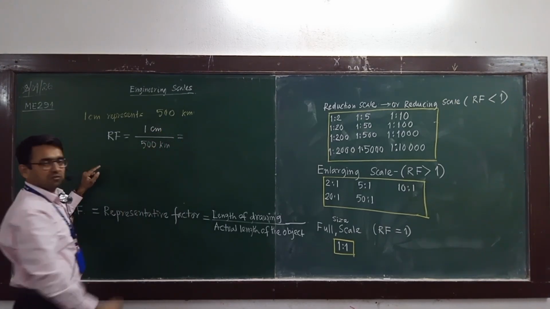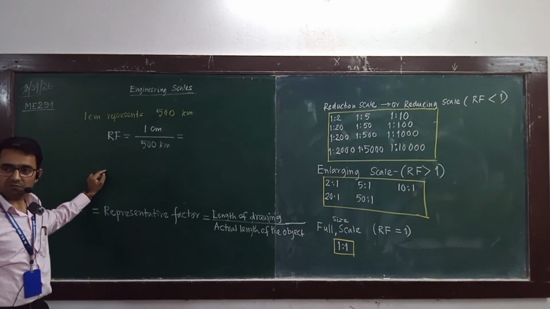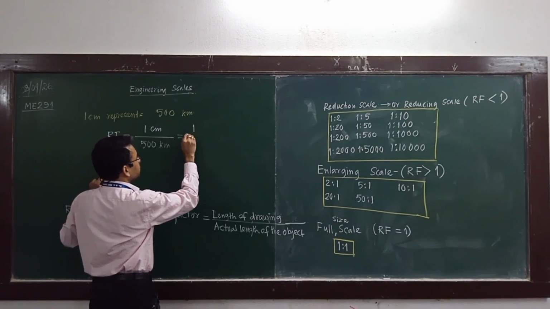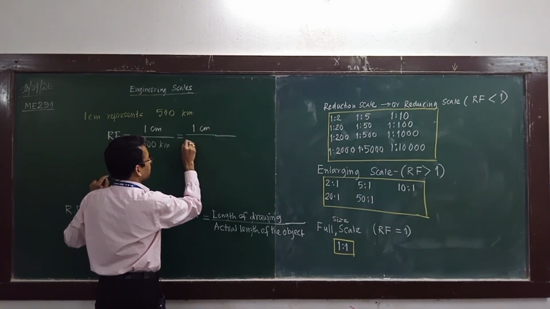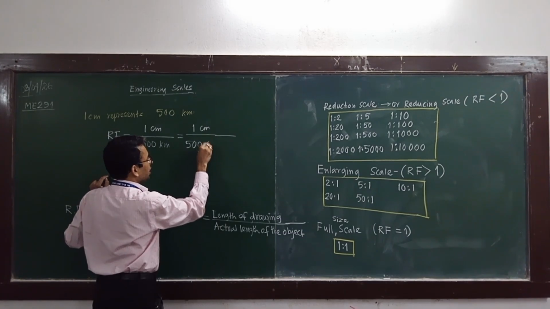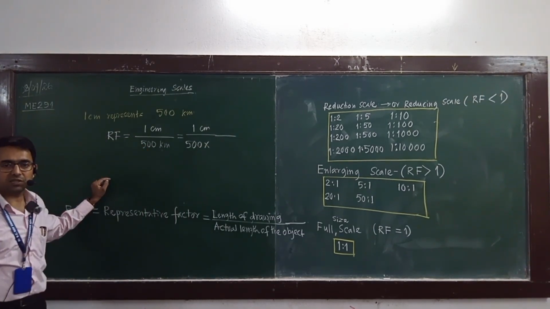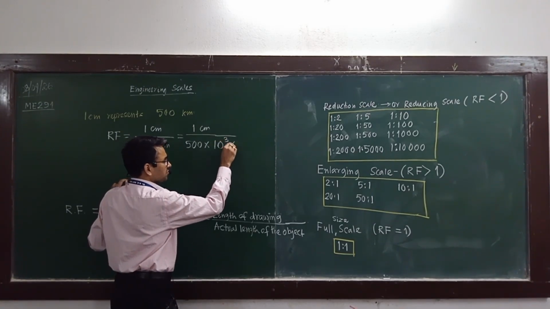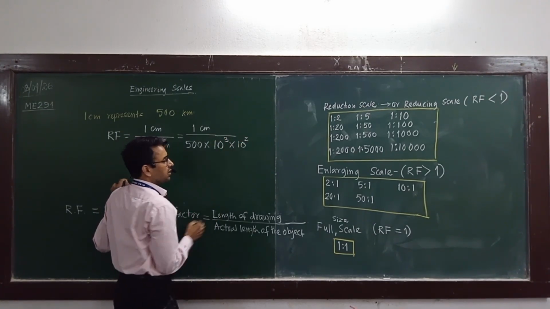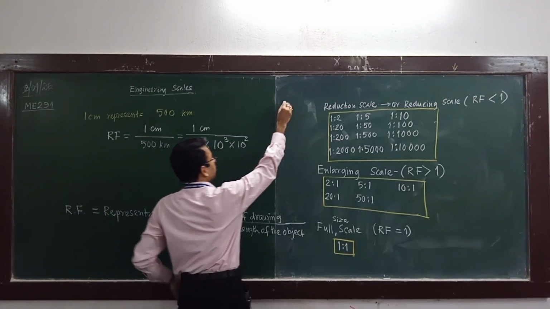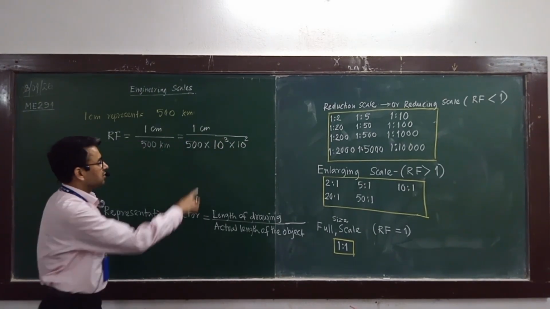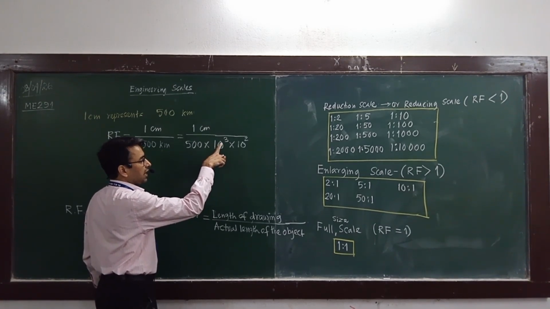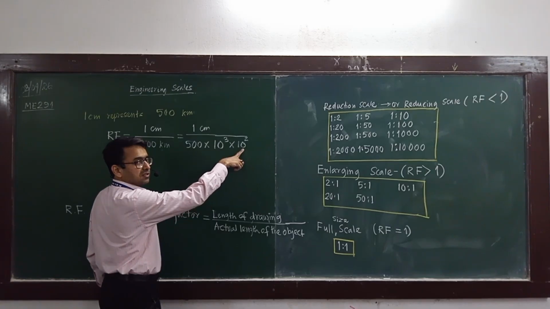So I have to convert into the same unit so that it remains a ratio only. So 1 centimeter divided by 500 kilometers, multiplied by 1 kilometer, means how much centimeter? 1 kilometer is equal to 10 to the power 3 meter, and 1 meter is equal to 10 to the power 2 centimeters.